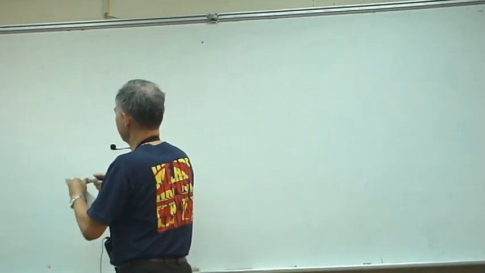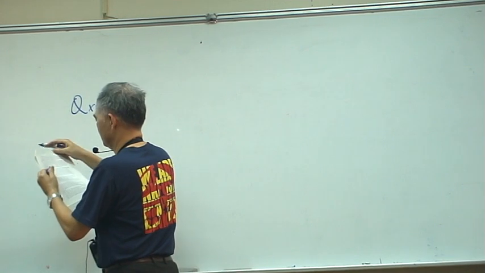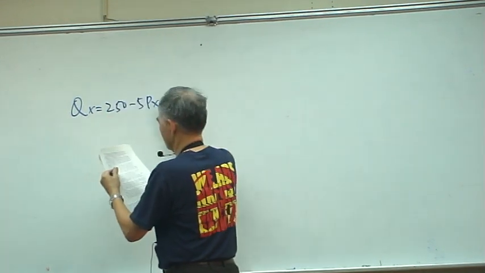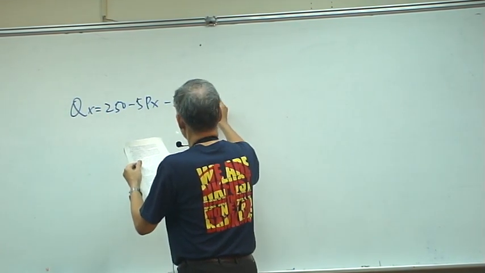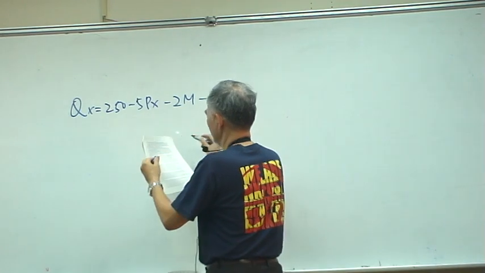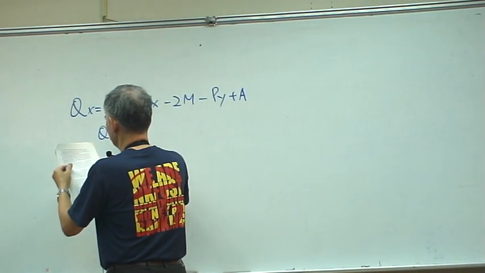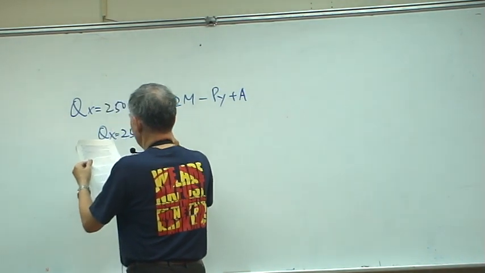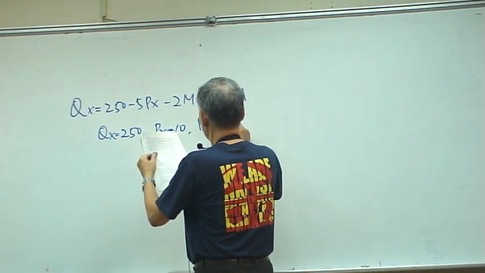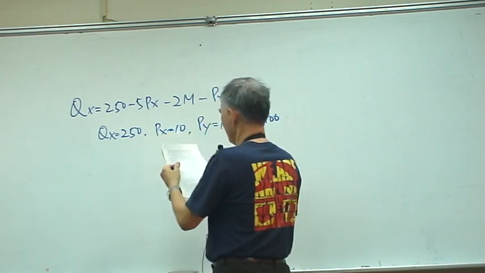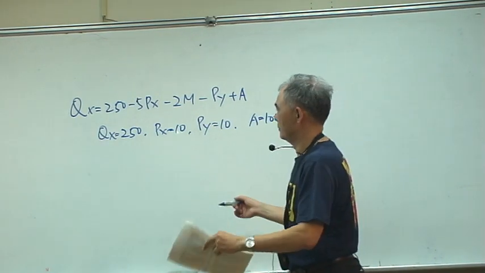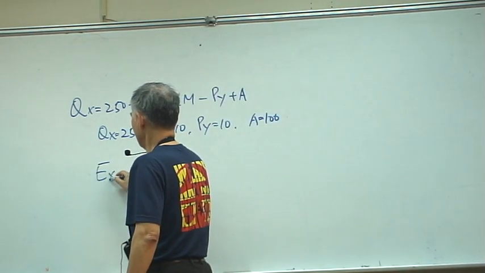We have QX equal to 250 minus 5Px minus 2M minus Py plus A. Then you have QX equal to 250, and Px equal to 10, Py equal to 10, A equal to 100. So M is income, and we want the price elasticity of demand for X.